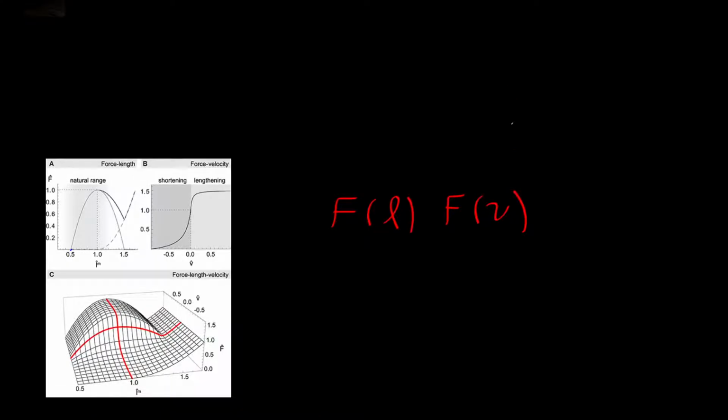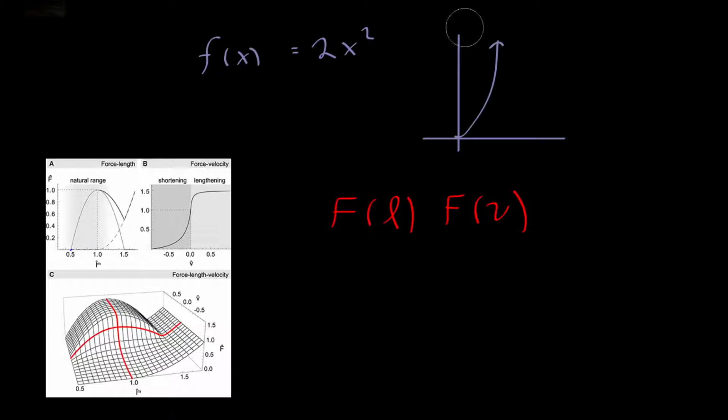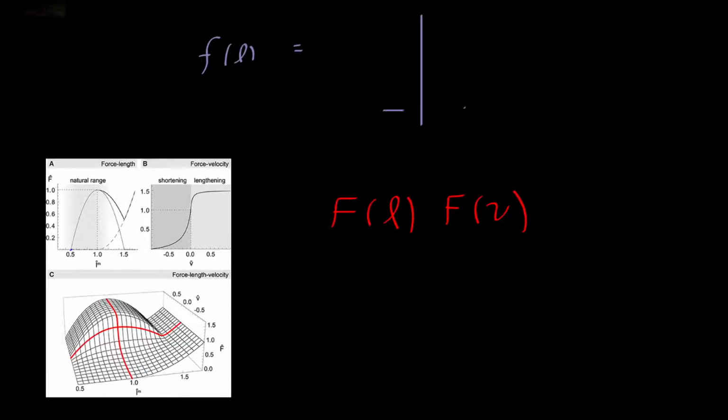So perhaps you remember in math class, you might have f of x equals 2x squared, and you make some graph of that, and it's like this. I'm saying f of muscle length equals some equation that we don't care about that makes a graph that looks like this, like our force-length relationship.